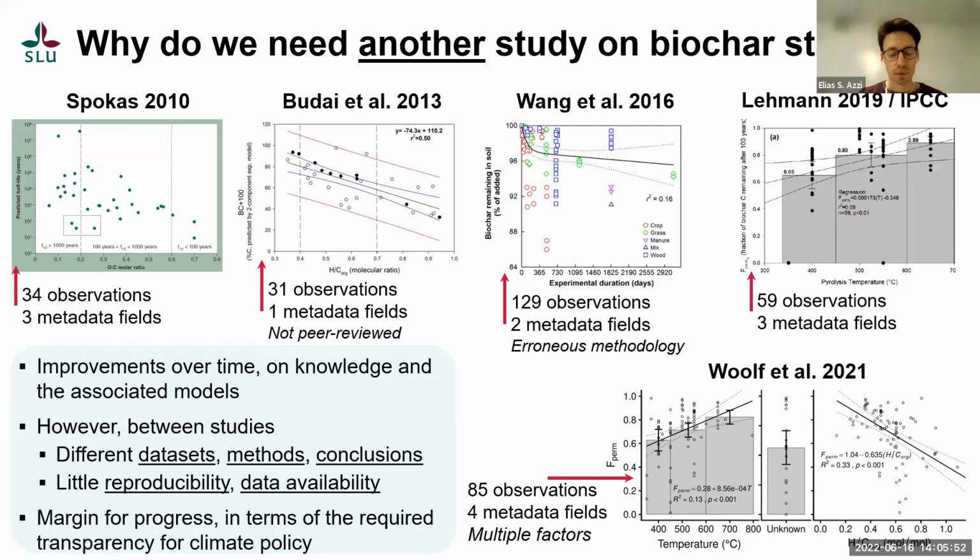It's not that easy to do. That pushed me to the claim here at the bottom: there is margin for progress in terms of transparency of these kinds of analyses. And this transparency is very much an important requirement when we want to design climate policies based on biochar.